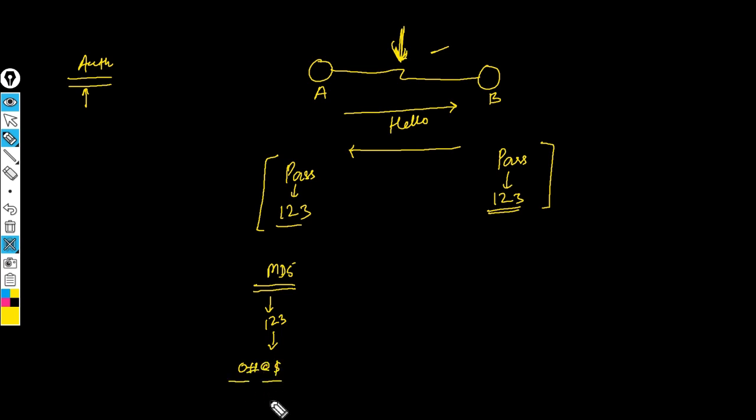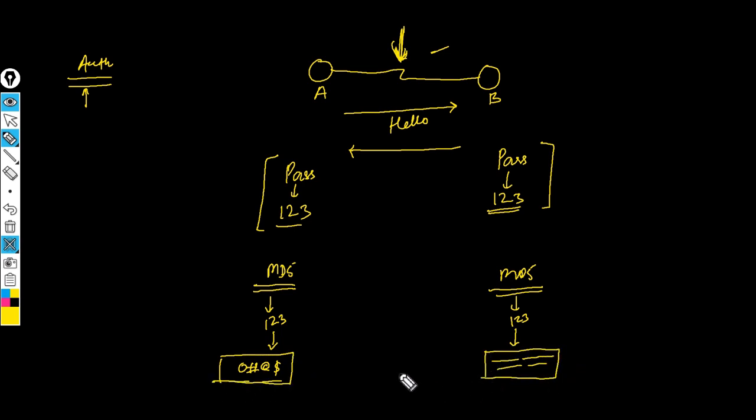It is important that you configure the same MD5 here as well with the same value, 123. This password will also get converted into the same MD5 value, and this value must match this value, then they will form the neighbor relationship.